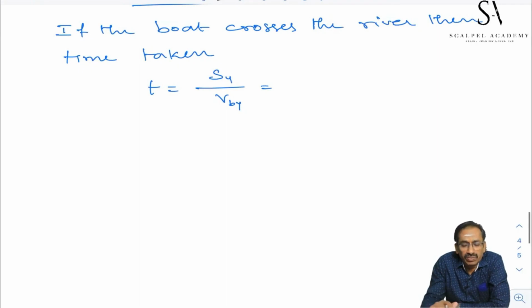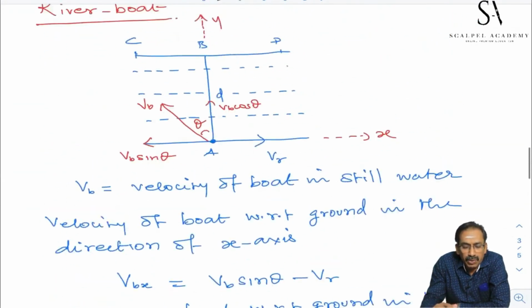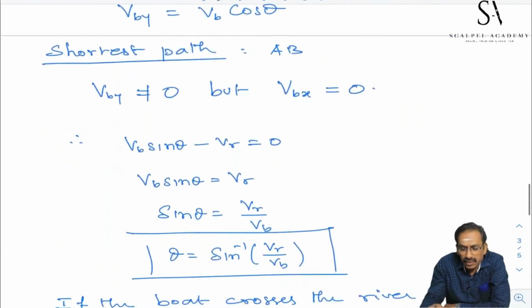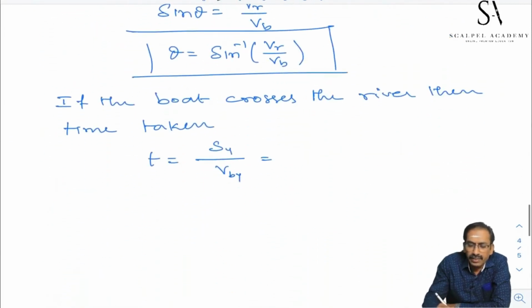Wherever it reaches, it may reach the point C or B or D, but the y component of displacement is always equal to AB. That is AB by Vb cos theta, that is equal to d by Vb cos theta.